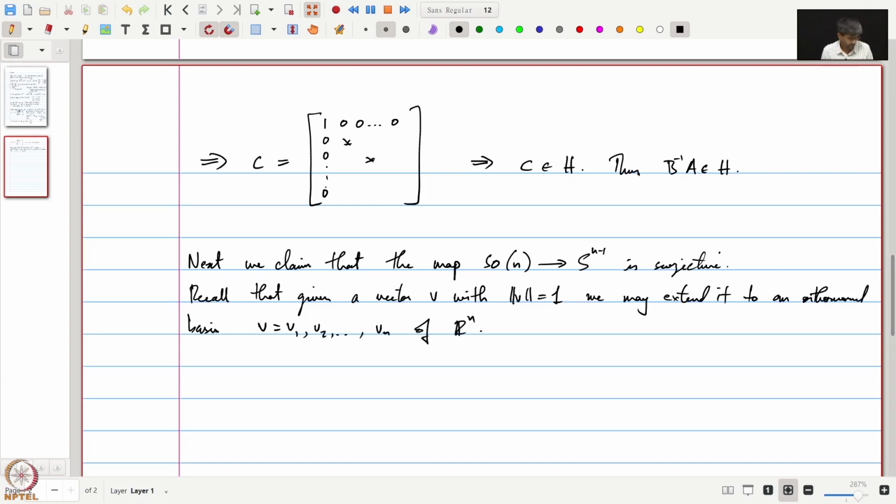And now let A be the matrix with these vectors as column vectors. So A is an n cross n matrix, right.